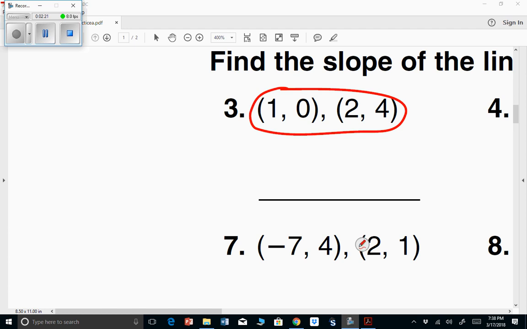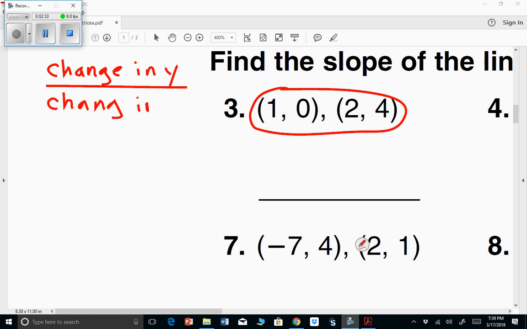There are a couple of different formulas for slope. One of them is the change in y over the change in x. Another one is rise over run.